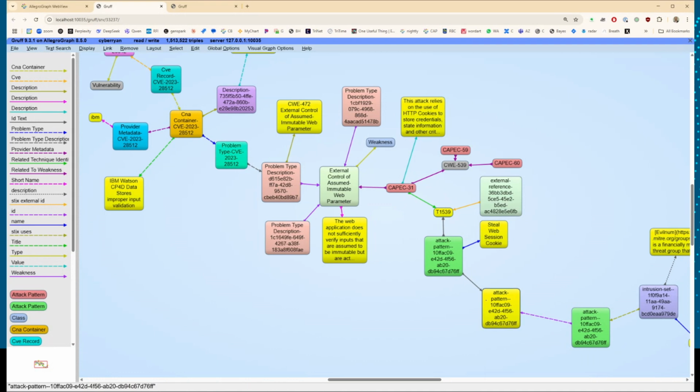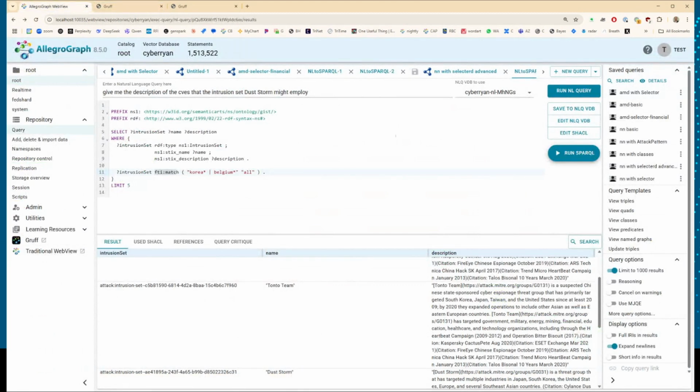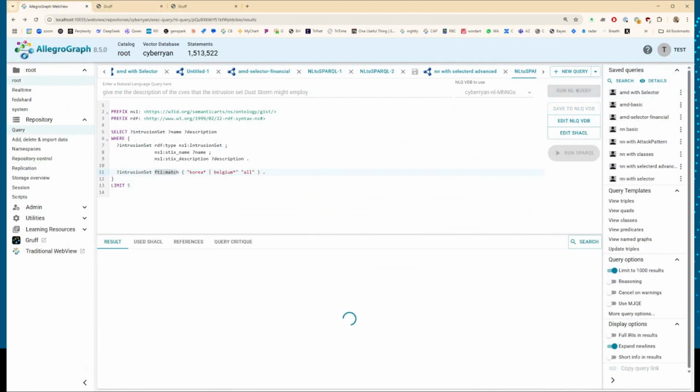So it's a whole bunch of joins that it has to figure out. So when I do the query and I run it, it's going to take some time.